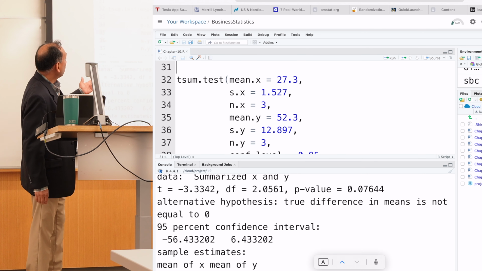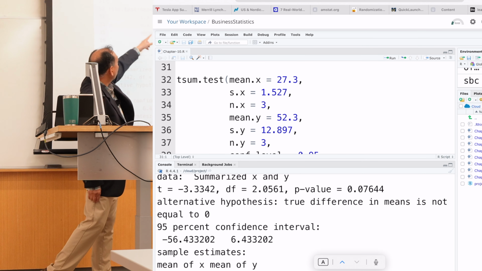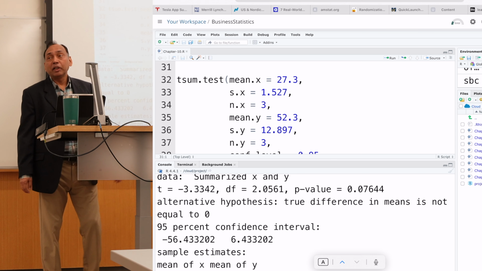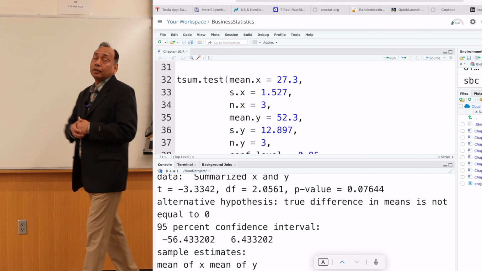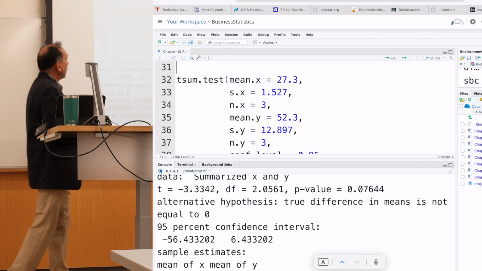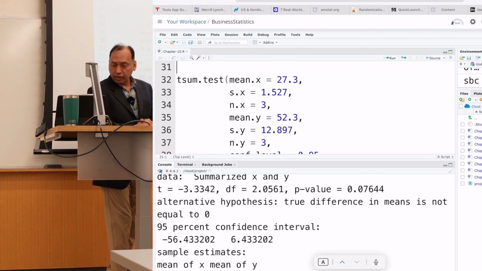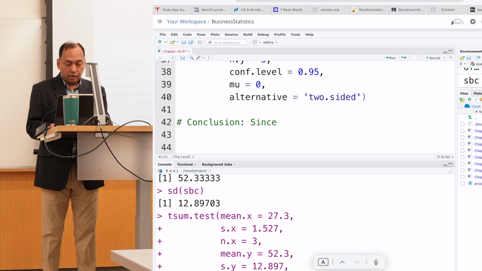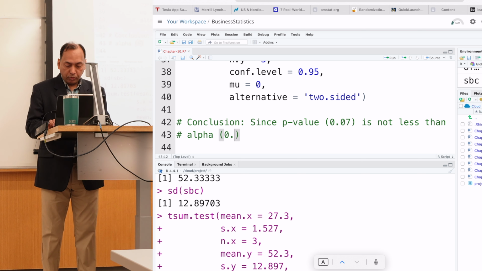So the means look very different, 27 versus 52, but you still cannot reject the null hypothesis because you are also taking into account the variability in the data. Since the p-value, which is 0.07, is not less than alpha, which for us was 0.05.